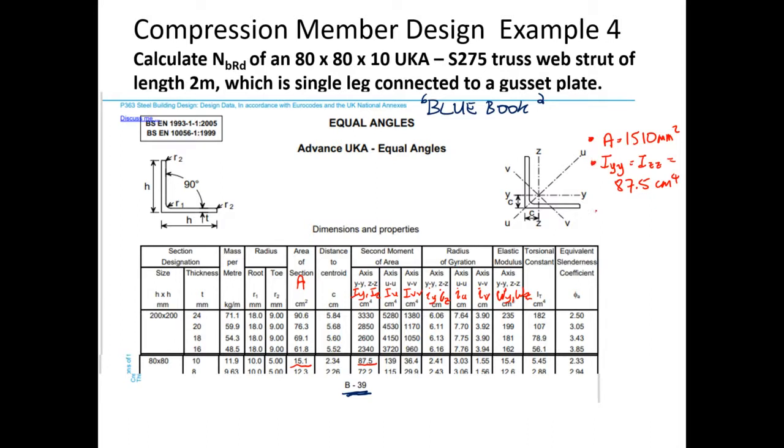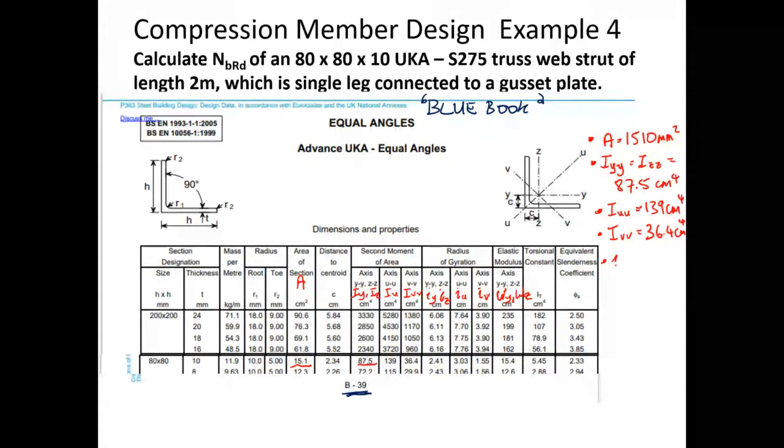Okay, so those two I'm going to use. I'll note down the other ones. Iuu is equal to 139 centimeters to the power of 4. Ivv is equal to 36.4 centimeters to the power of 4.